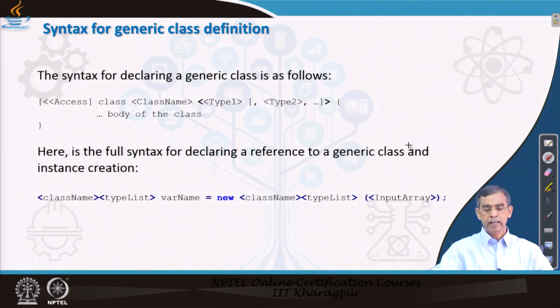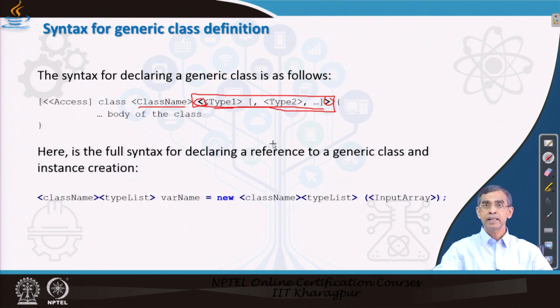Now, in order to declare a template, the template is to be enclosed, as we have done the same thing for methods, but in this case after the name of the class, within angular brackets, starting and closing, and whatever different types you want to handle in this program, you can mention as a template.